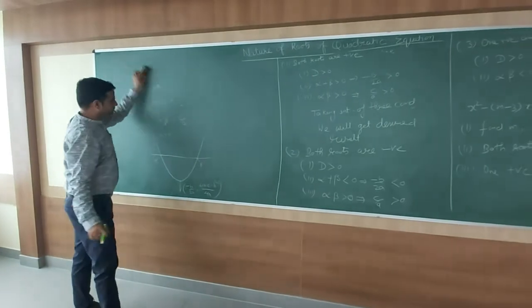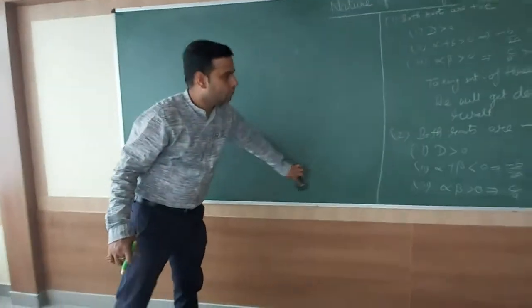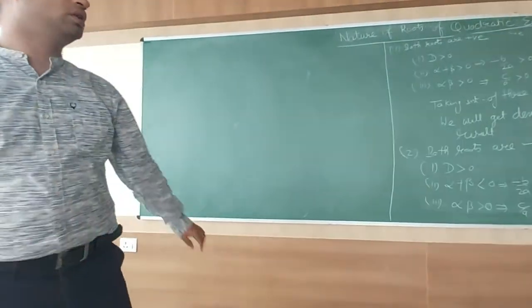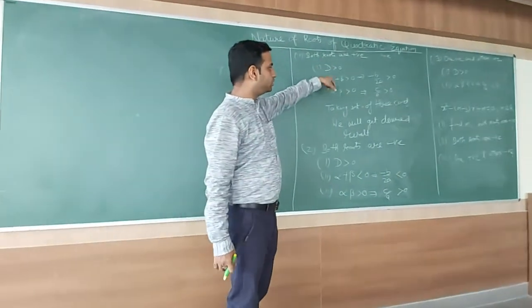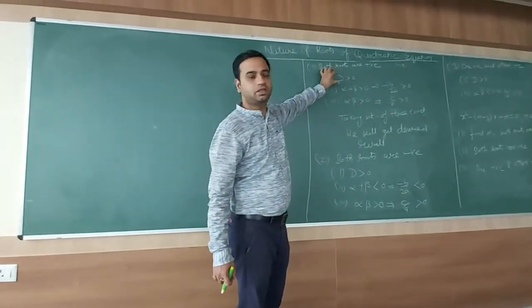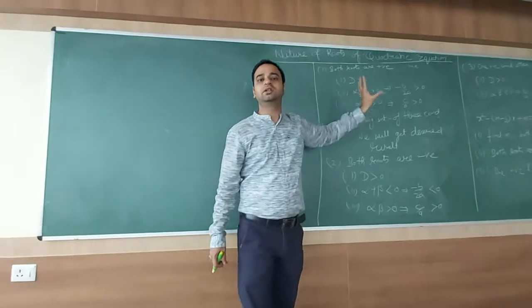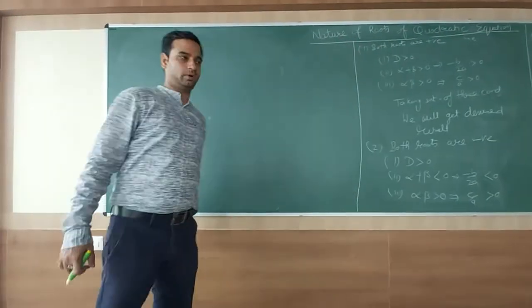Now I am writing this illustration. Now I am going to the first situation. Both roots are positive, where we have illustrated earlier that it is D greater than 0, alpha plus beta greater than 0, and alpha beta greater than 0. Now we will put these into the question.